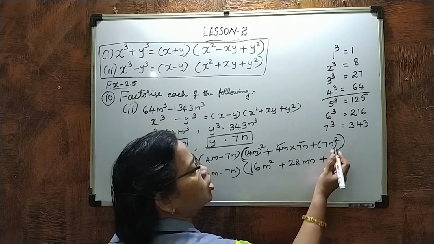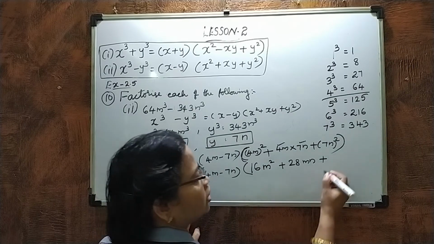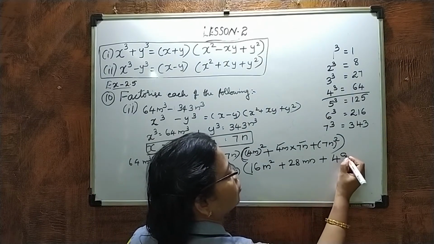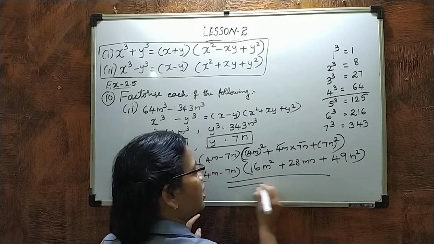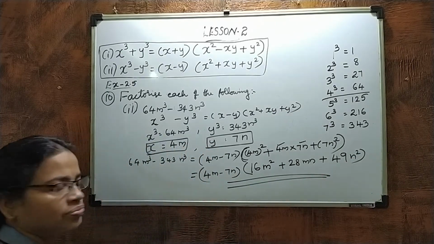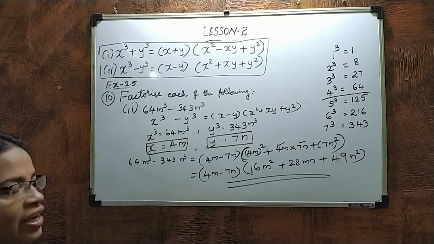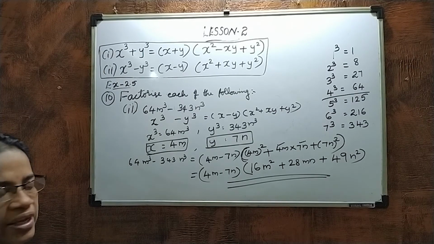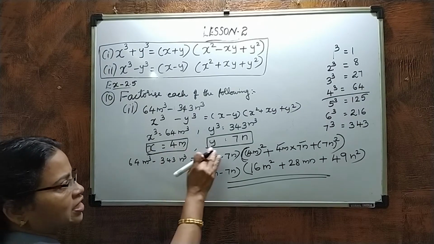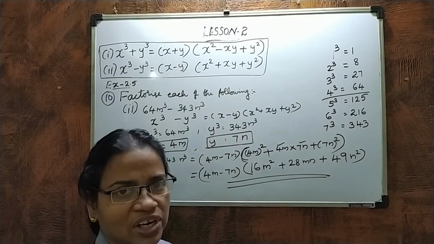Then plus 7n square, 7n into 7n, 7 into 7 is 49, n into n is n square. This is the answer you have to get. Very easy, just substitute the values in x, y, x square, xy and y square, you will get the answer. First you find out what is x, what is y. When you have doubt, just write like this and then find out.